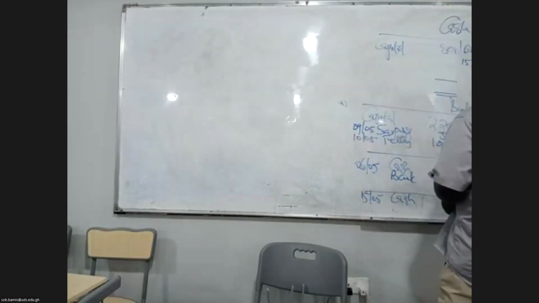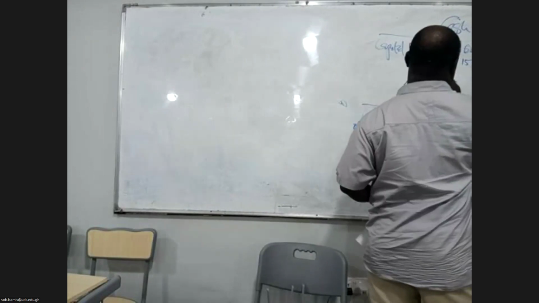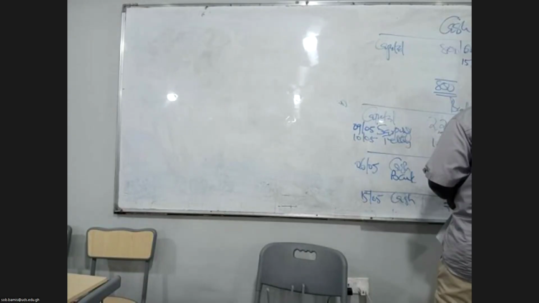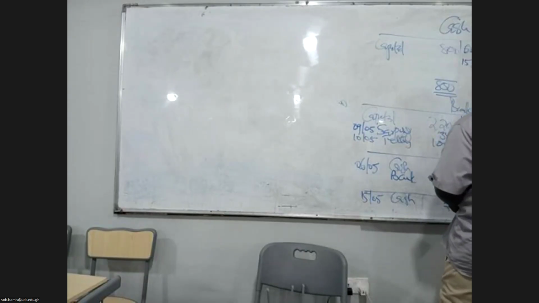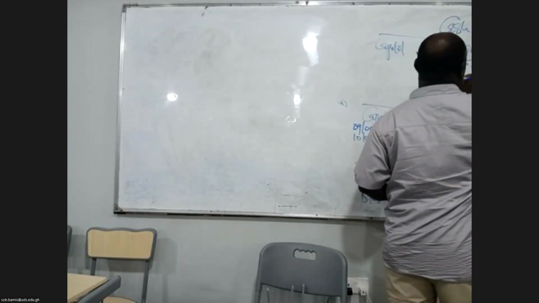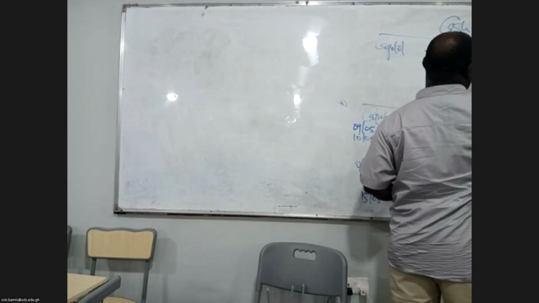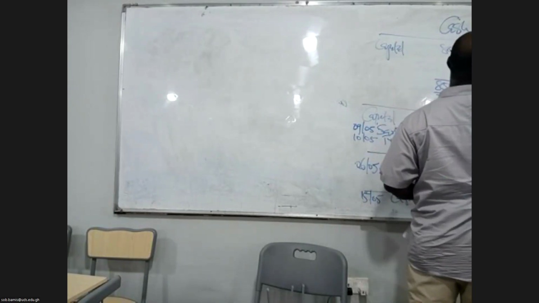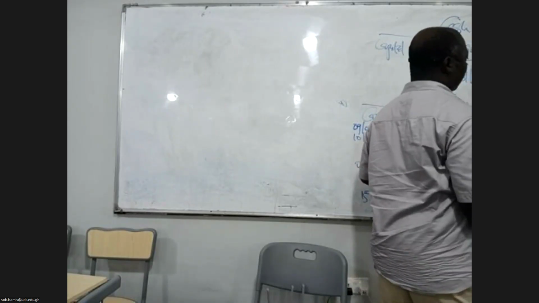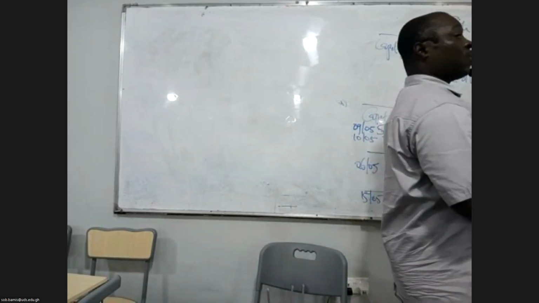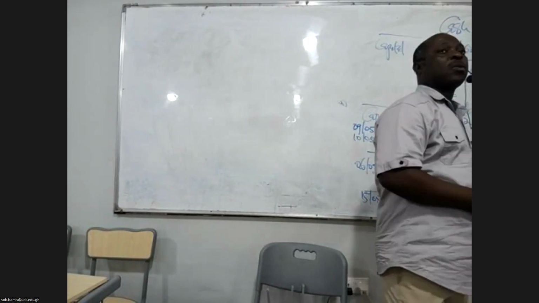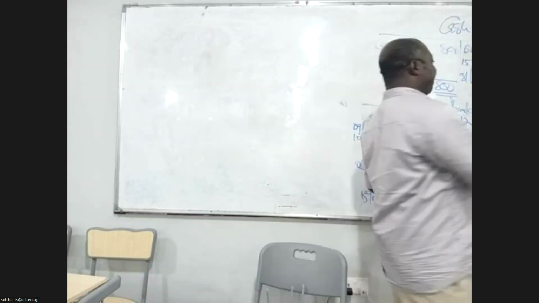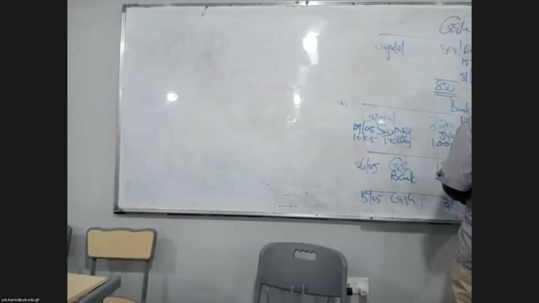This one is what? 800. So this one is also 800. We'll add this and this, and then the difference, we say balance carried down. So what is the difference? Eight, two.